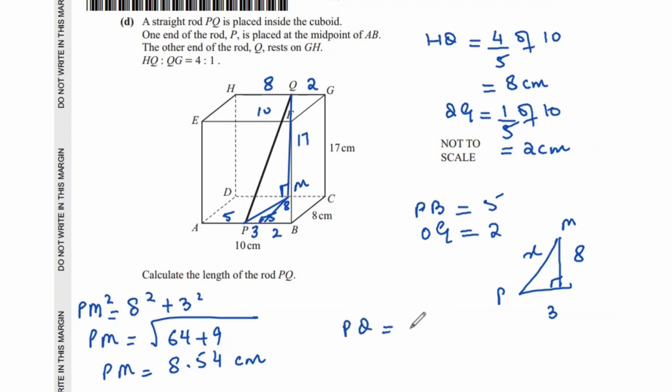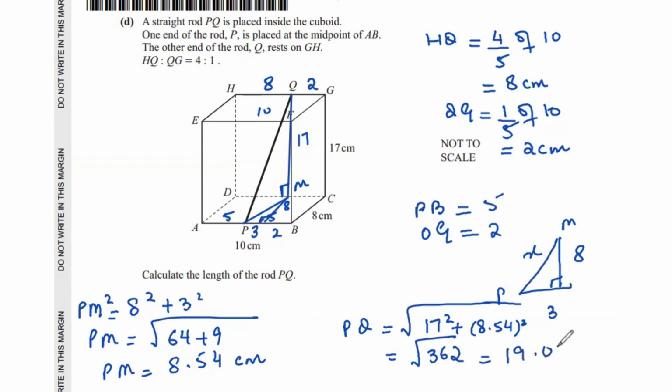PQ is going to be square root of 17 squared plus 8.54 squared. That gives us square root of 362, which equals 19.03 centimeters. That is your length of PQ.